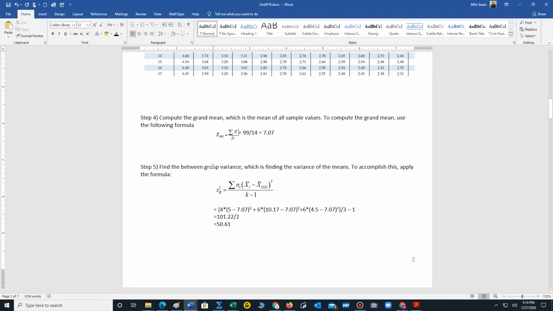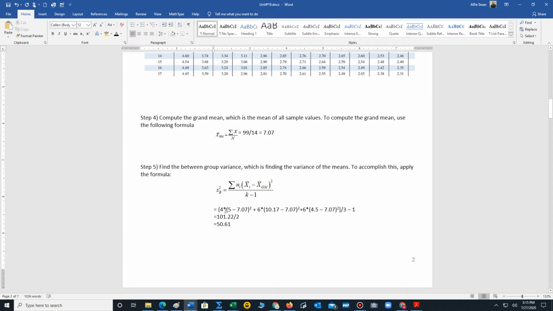Step 5, we find the between group variance, which is finding the variance of all the means. To accomplish this, we have this formula here. It's the sum of each sample size times the difference of each mean with the grand mean squared, all over the number of categories minus 1.